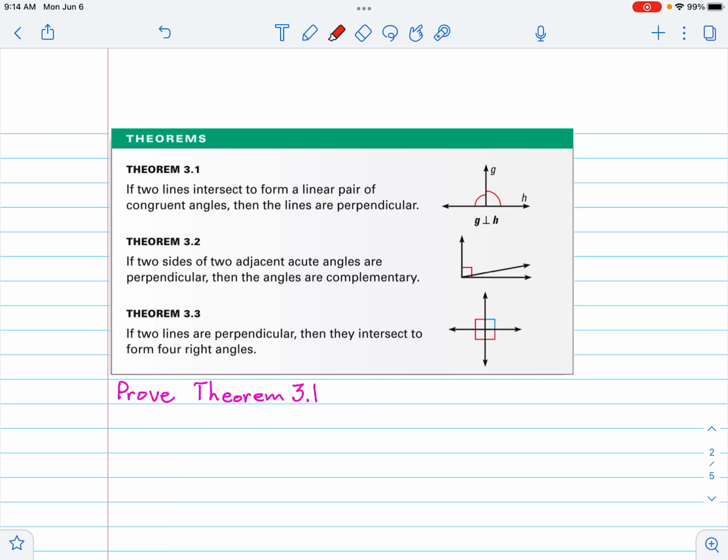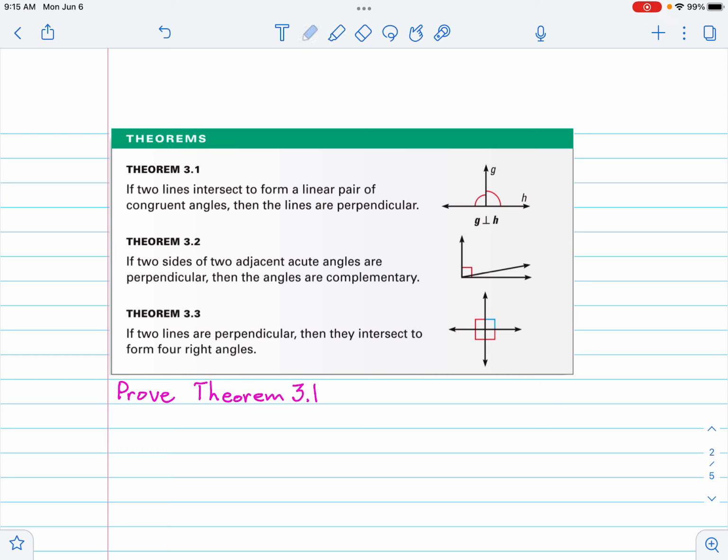Now, if two lines intersect to form a linear pair, and look at G and H, that's exactly what happened. Two lines intersected to form a linear pair. Not just a linear pair, but of congruent angles.